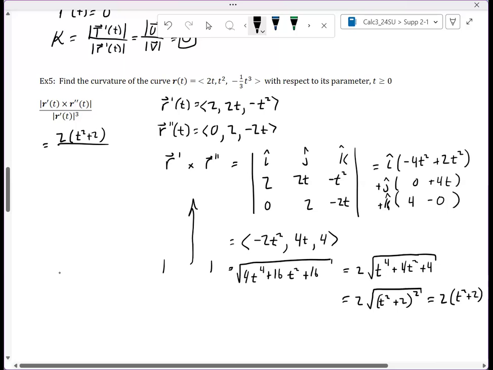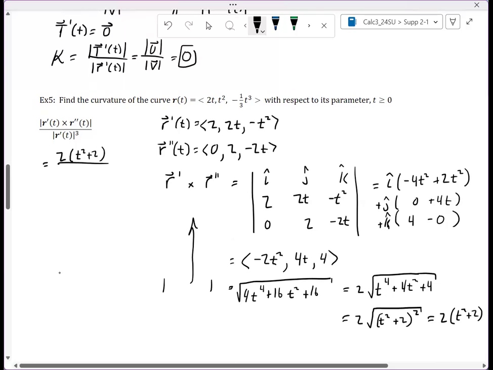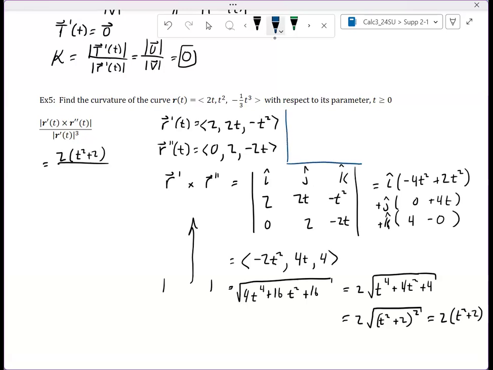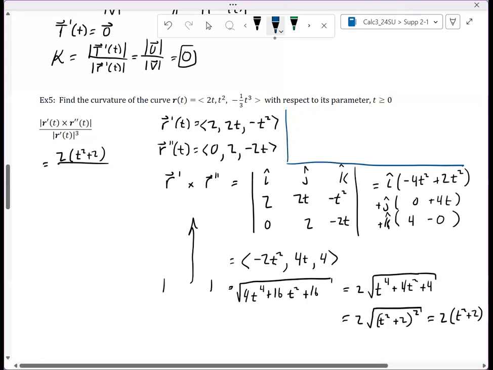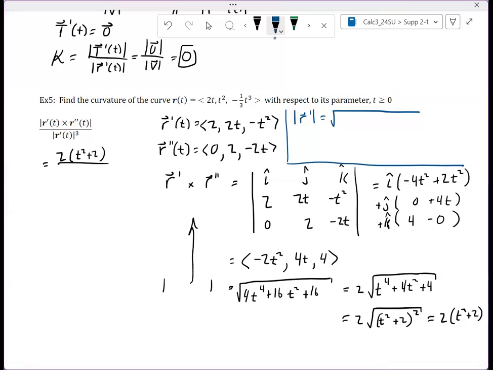And now I need my denominator. My denominator, nicely enough, isn't all that difficult to do. It's just the length of r prime. Maybe I'll try to put that over here so we can keep everything on the screen. The length of r prime is, again, the square root of the sum of the squares of the components.